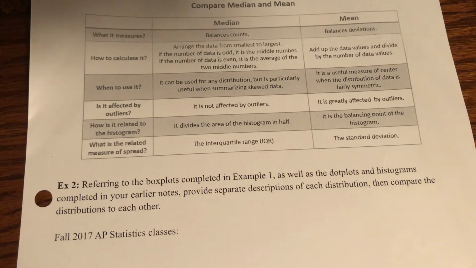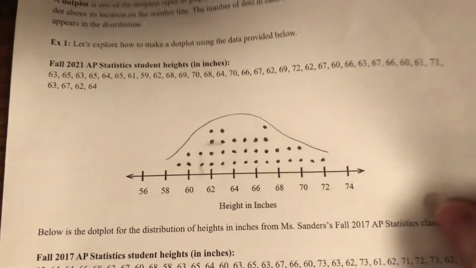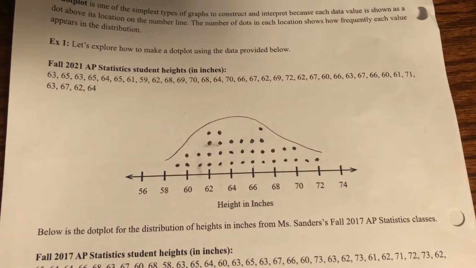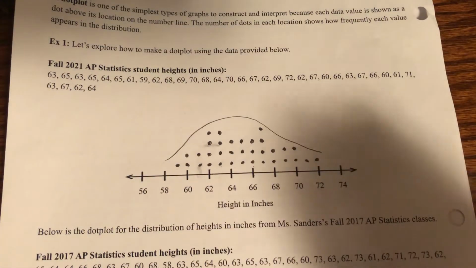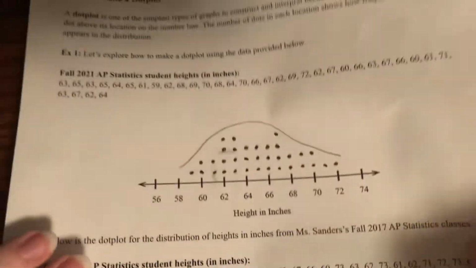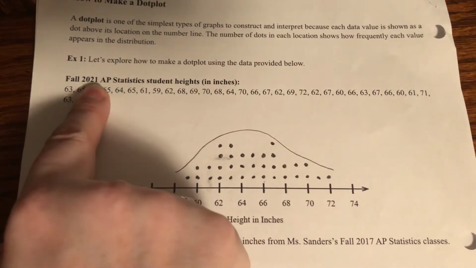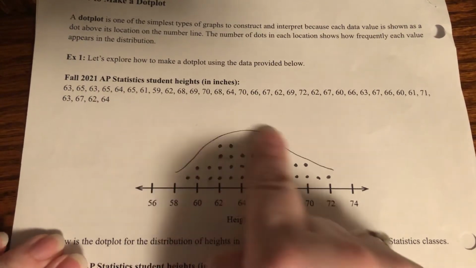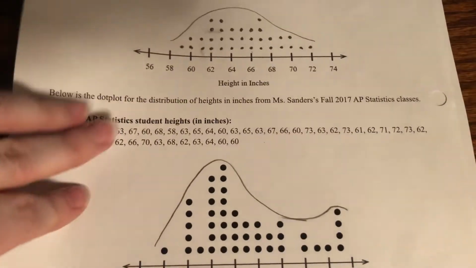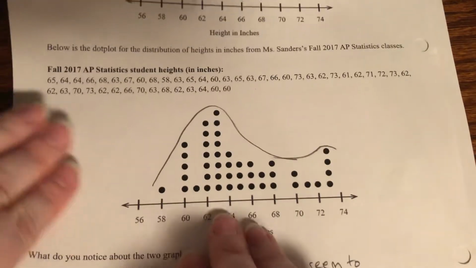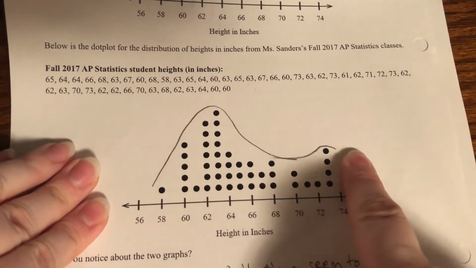Let's start with the dot plots. What did we notice in our dot plots? All right, so these are from earlier. I think I said previously that these two distributions seem to have different shapes. For my fall 2021 students, I said this was roughly symmetric. And my fall 2017 distribution seems to be skewed to the right.